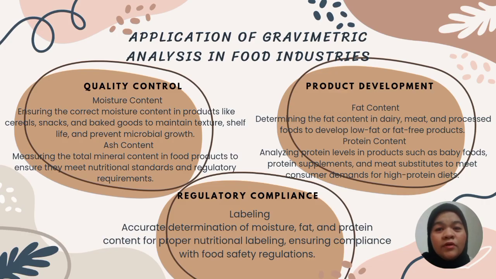Now we're going to talk about the application of gravimetric analysis in the food industry. The first one is quality control. Gravimetric analysis is used to determine the moisture content, ensuring the correct moisture content in products like cereal, snacks, and baked goods to maintain texture, shelf life, and prevent microbial growth.